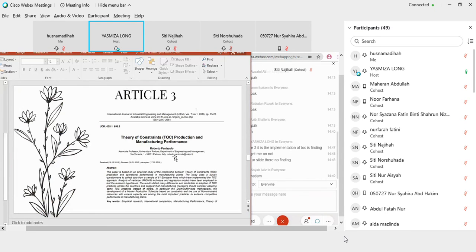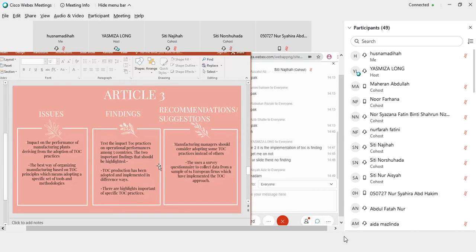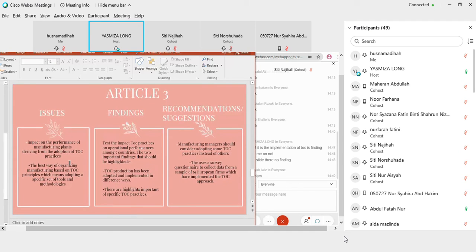So the article 3 about the... okay. That means the article tu tak ada masalah. Dia just nak tengok, that means the industry dekat Europe Western, they use or not TOC.